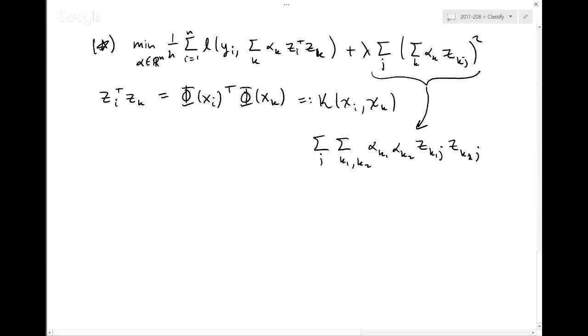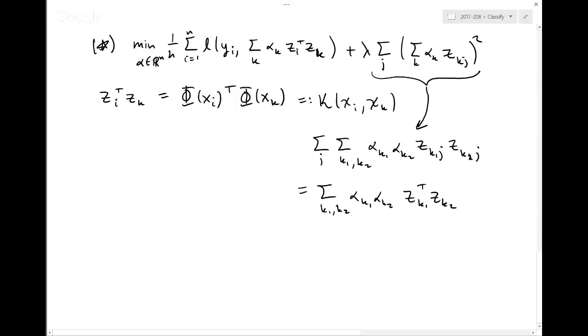And we can again switch the j to bring that sum over j in as far as we can, and we end up getting that this is equal to the sum over k1, k2 of alpha k1 times alpha k2 times zk1 transpose zk2.